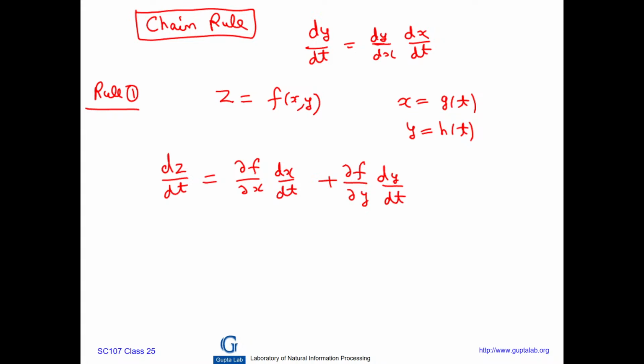Then there are certain chain rules for differentiation. Just like dy by dt is equal to dy by dx times dx by dt, right? Those kinds of rules are there. So we can develop similar rules for a two variable function. So if z is equal to f of x comma y, dz over dt is equal to del f over del x dx over dt plus del f over del y dy over dt, right?